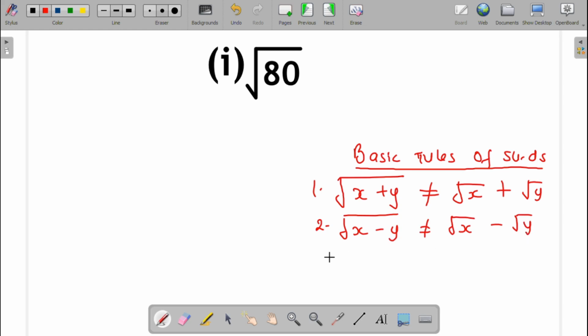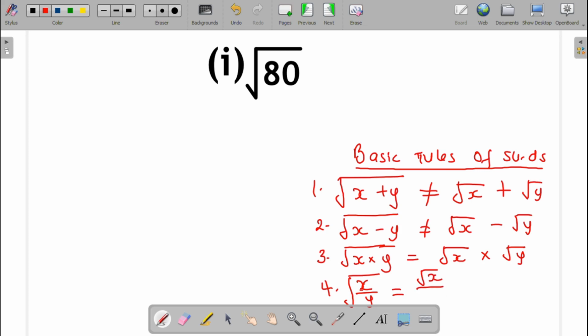And if you have root of x times y, it is equal to root x times root y. And the last one is that if you have root of x divided by y, it is equal to root x divided by root y.